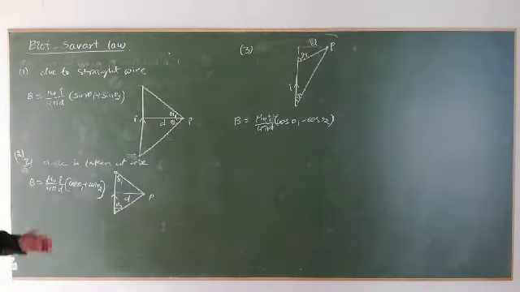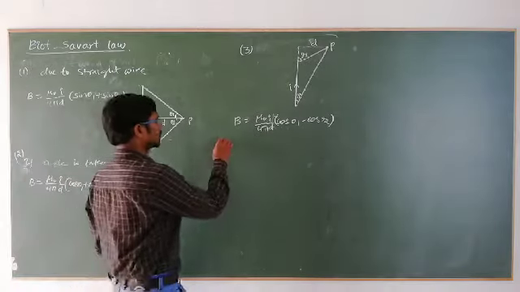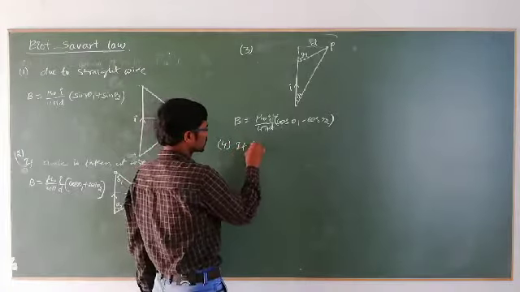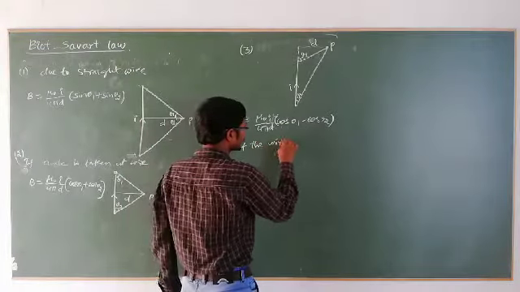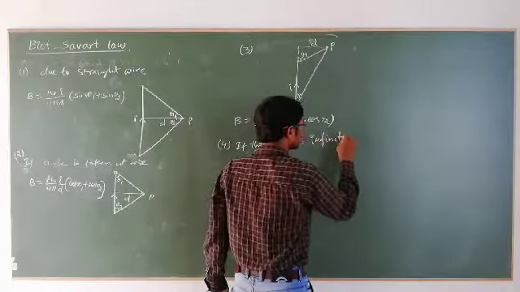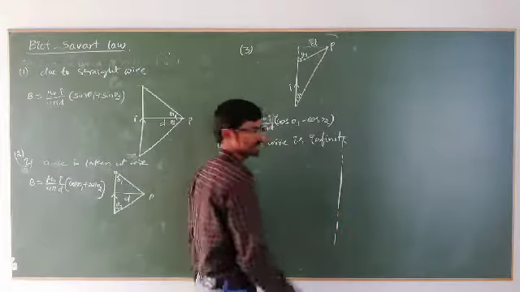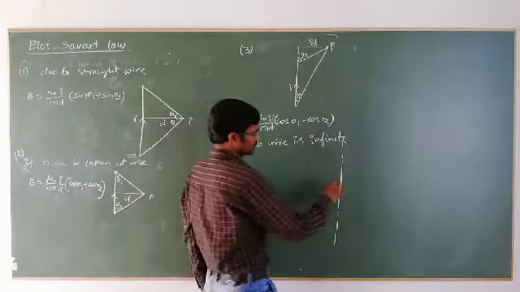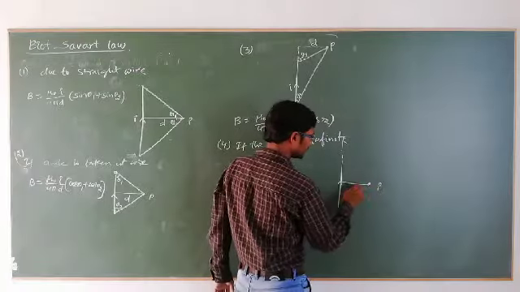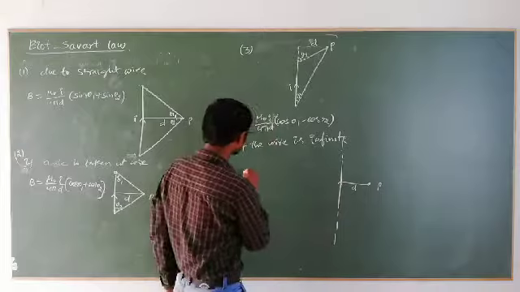So you need to keep in mind that expression. If the wire is infinite, carrying current, at this point P, which is at a distance d, what would be B?